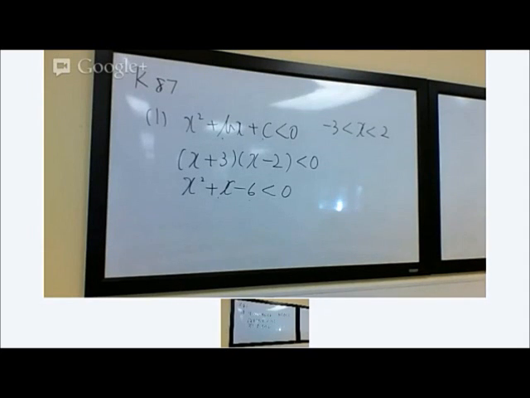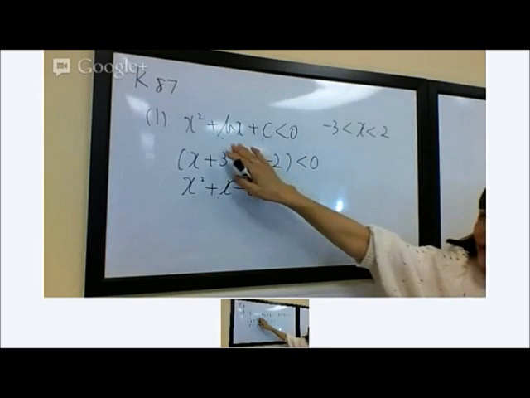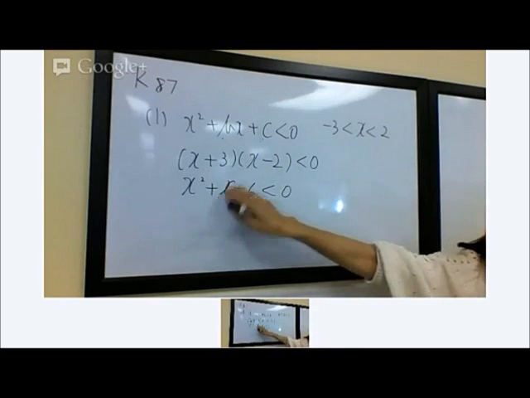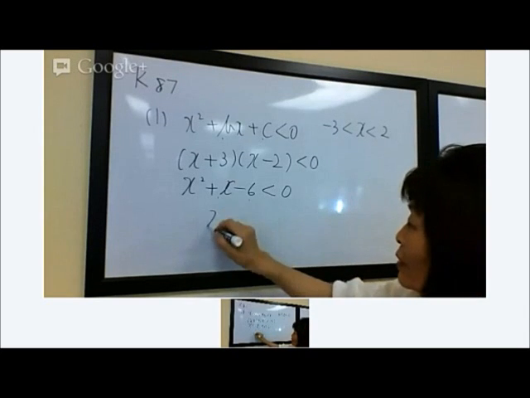Then compare to this missing number, the variables B and C. So B equals 1, C equals -6. So what you said is right. Let's apply that. Then open the parentheses for the inequality.